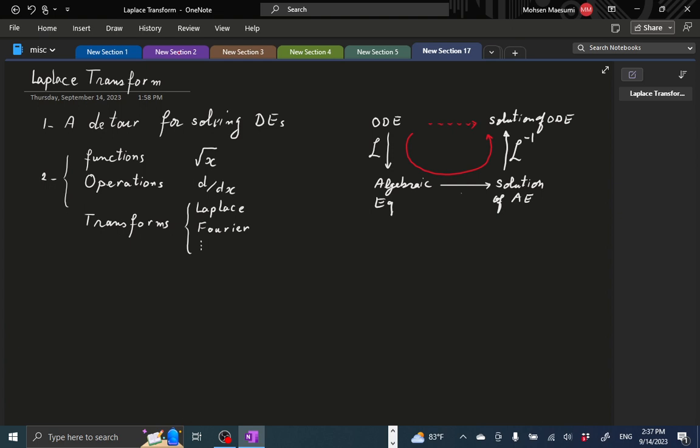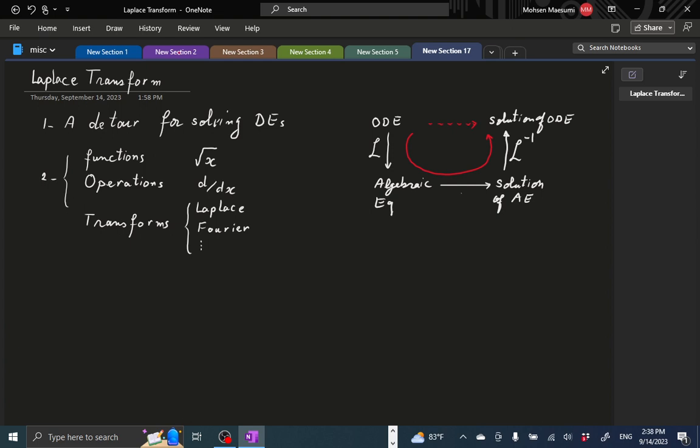In these transforms, you start with a function of, say, time, and then you get a function of some other variable. The primary among these things that we are going to study is Laplace transform, but there's a very long list of them. You can find at least 24 of these kind of transforms. The more prominent among them are Laplace and Fourier transform, named after two French mathematicians.